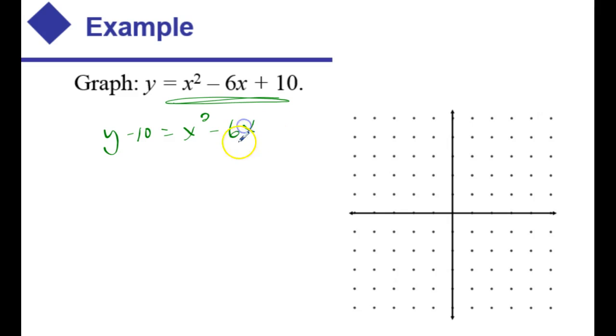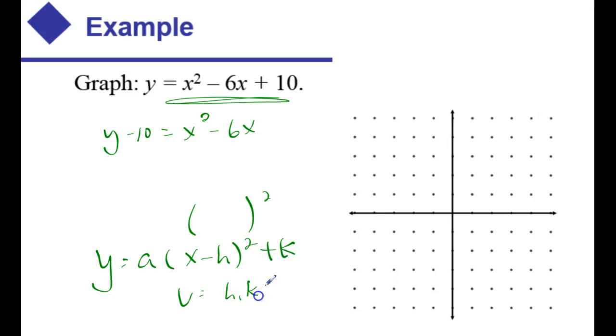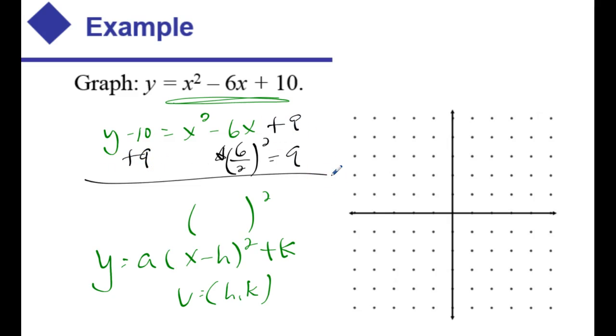To complete the square, to get it into a standard y equals a times x minus h quantity squared plus k, where the vertex is going to be defined as h and k, we complete the square. So we do half the middle term, which is 6 divided by 2, and square it. So 6 divided by 2 is 3, 3 squared is 9. So 9 is that magical number that's going to help us complete the square.